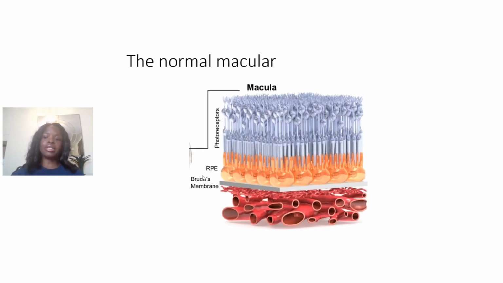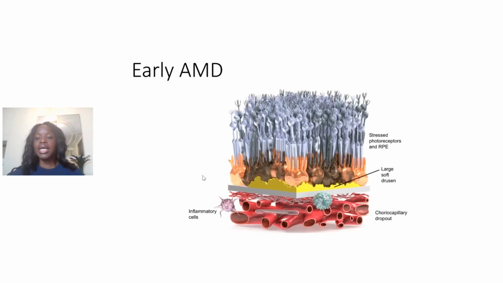And just to remind you again about the normal structure of the macula, with the photoreceptors, RPE, and choroid lining up in a structured manner together. In macular degeneration, you start to get yellow deposits known as drusen, and they're deposited just under the RPE, separating it from the underlying choroid, which provides nutrients, as we explained earlier.